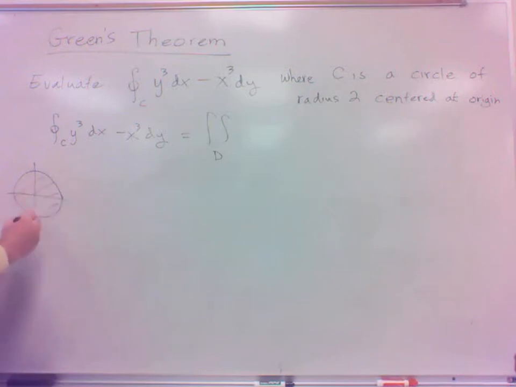I know in the book sometimes they do just a half circle, so it's a little bit trickier, but yeah, the orientation, to use Green's theorem. If it's negative orientation, it just makes everything negative.